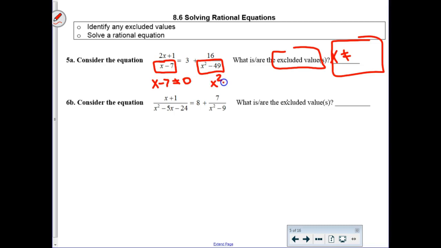And then x squared minus 49 cannot be 0. Now this one's easy to solve. You just add the 7 over, so x can't be 7. If you were to solve this one, you'd add the 49 over, you'd then square root it. So you'd get x squared cannot be 49. And then when you square root both of these, remember, it's both positive and negative 7. Both of those numbers would be excluded from our solution set.